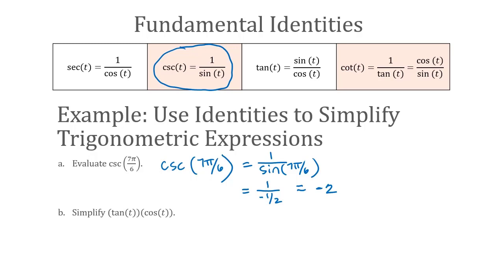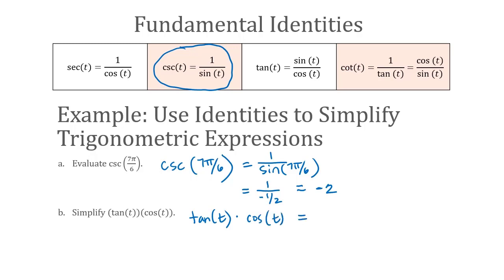Part B, simplify the tangent of t times the cosine of t. The tangent of t times the cosine of t.